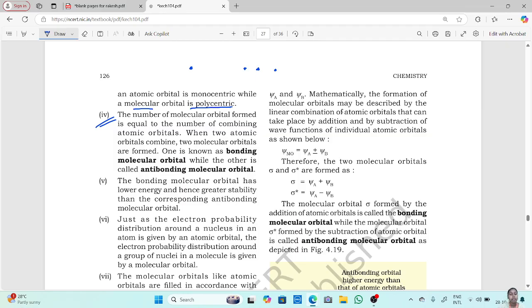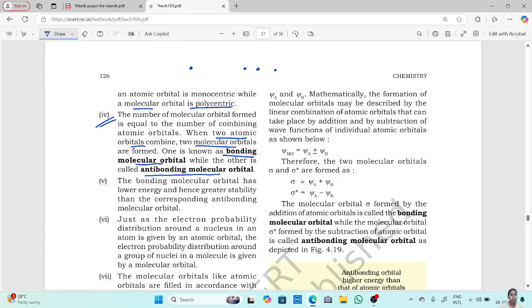Now when two atomic orbitals combine, two molecular orbitals are formed. One is known as the bonding molecular orbital and the other is known as the antibonding molecular orbital. So there are two kinds of molecular orbitals formed.